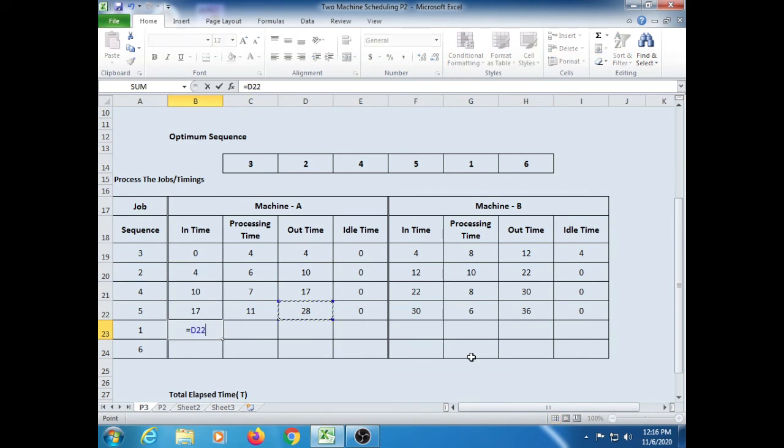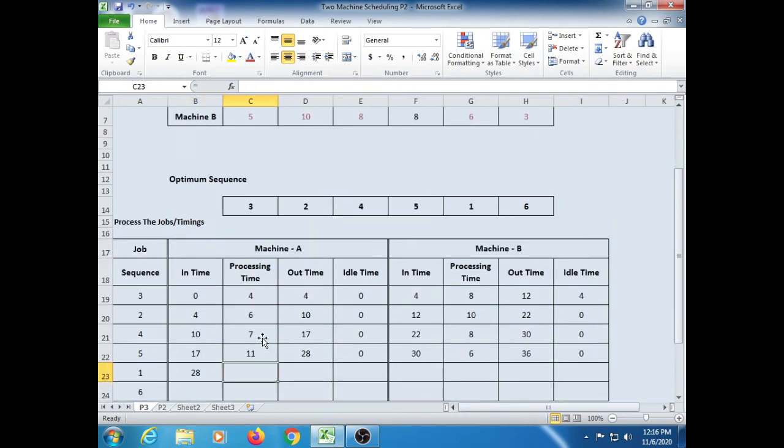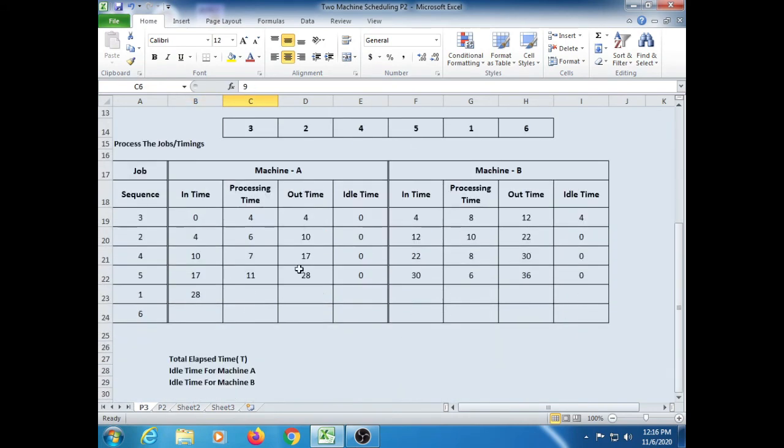Here, what do we take as the in time? The previous job out time gives us the in time. At the 28th hour we can start the first job on machine A. Then what is the processing time? That is 9 hours. We have to process the job for 9 hours on machine A. How do we get the out time?